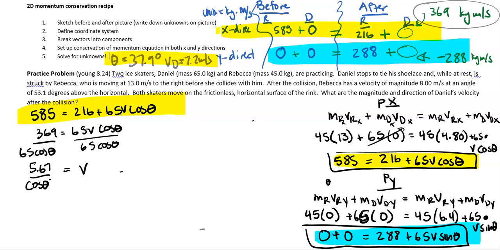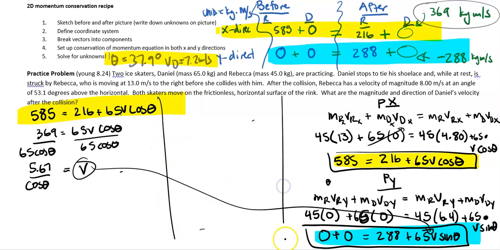Cool. So now I have this v right here. I can now go ahead and just plug it into my other equation. And again, that equation, if I write it right here, 0 is the left-hand side, what, 288 plus, that was 65v sine theta. And again, I'm plugging in for v what I just got.